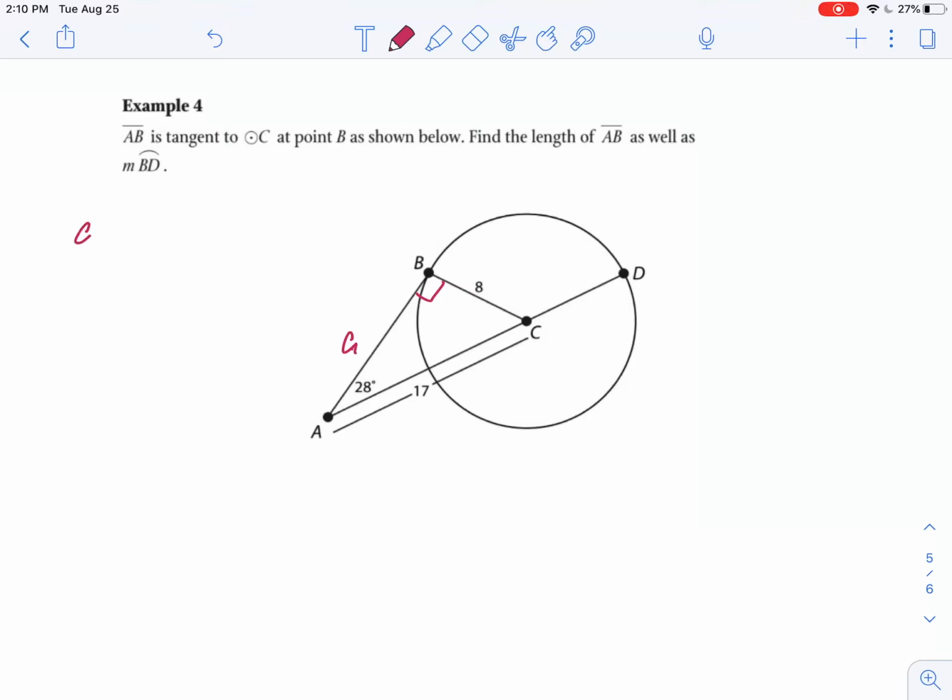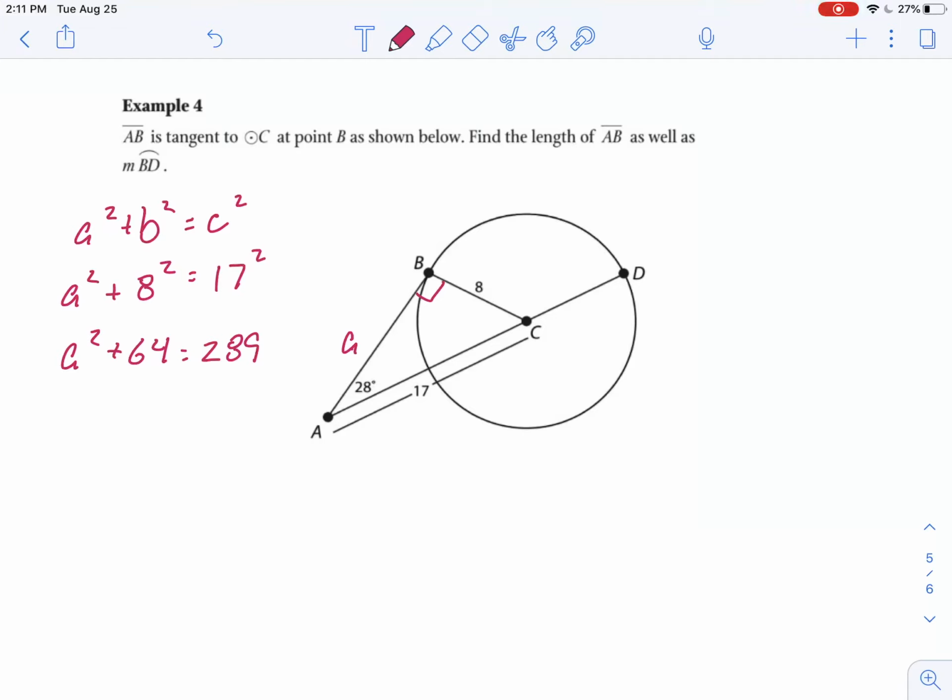Again, that's a right triangle, so I know A squared plus B squared equals C squared. A is my missing side, B is the leg that's given, side 8, and C is 17. So to solve this, I'm simply going to square 8, which is 64, and 17, which is 289.